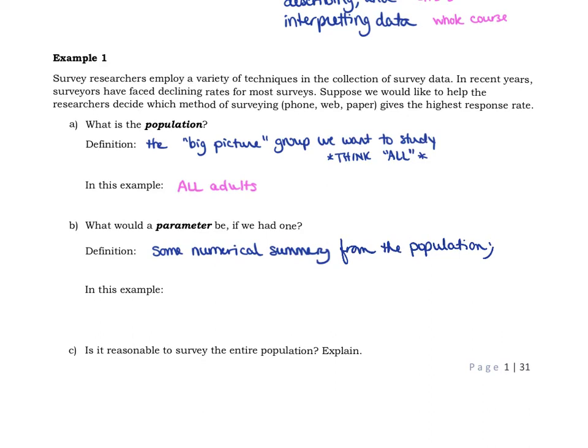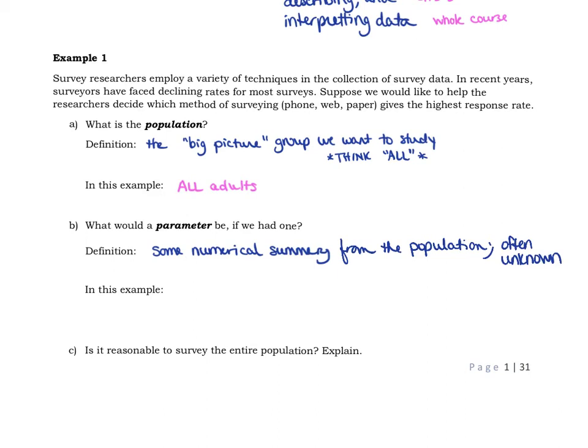A numerical summary could be a mean. It could be a median. It could be the lowest value. It could be the percentage of people who believe such and such. Any way that you can summarize what's happening numerically. But when we're talking about a population, this parameter is often going to be unknown because it is very difficult and costly to survey, for example, the entire state. So usually you won't know the exact value of that parameter.